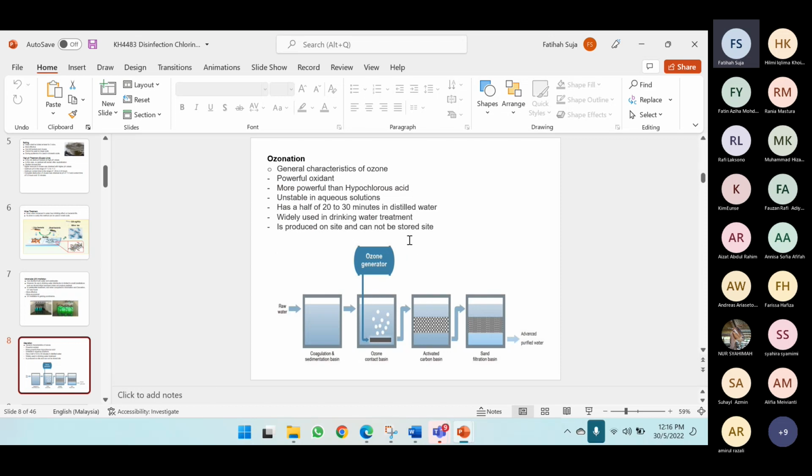So that's why it is expensive, because the ozonation needs to be carried out at the site, and also you don't have any residual, meaning that you need to produce the ozone using the ozone generator at site, and then you use the ozone for the treatment. And the treated water must be used at the site too. You cannot distribute using your piping network to a household which is quite far from the treatment plant.